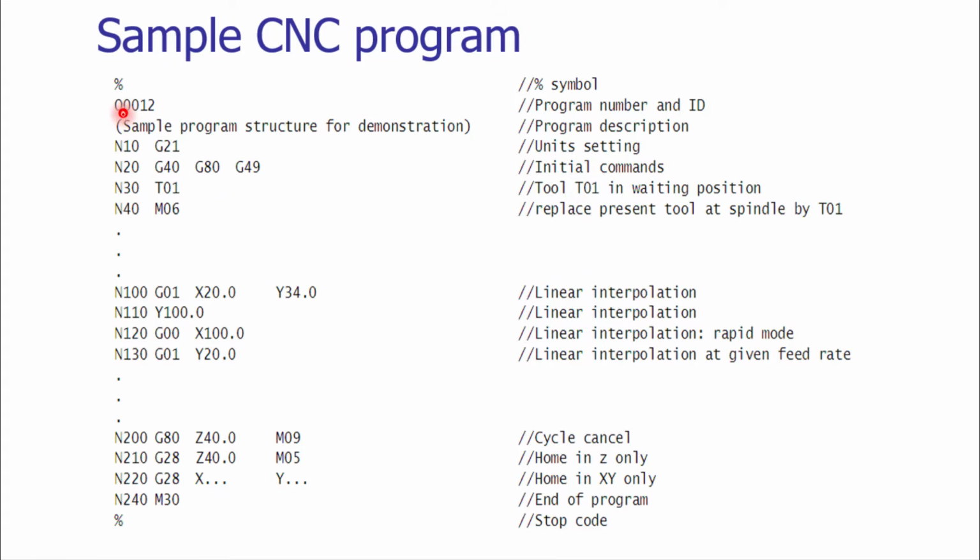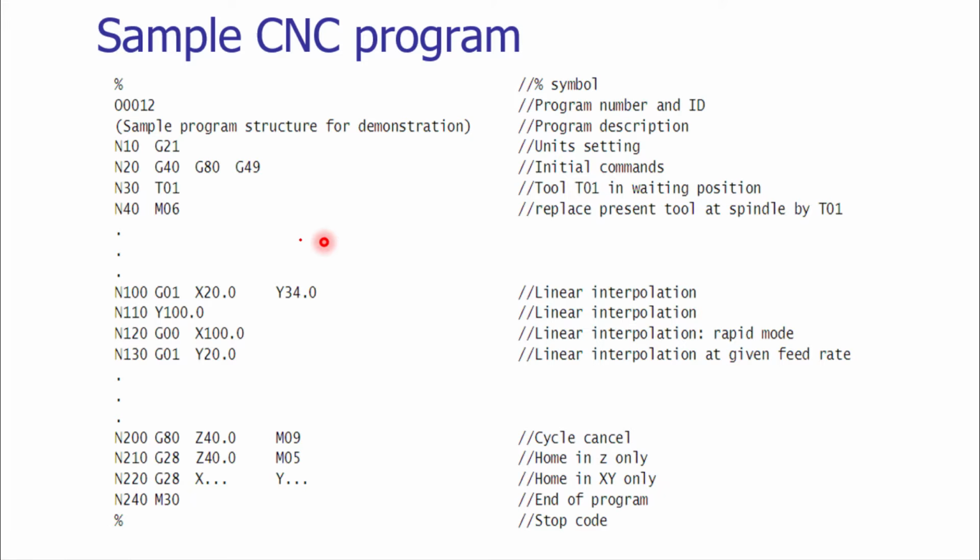It starts with the alphabet O, and then the number is given. Then the initial commands are there, like G21, G40, G80, G49. Then comes the selection of the tool, that is T01, and the change of the tool by using the M06 command.